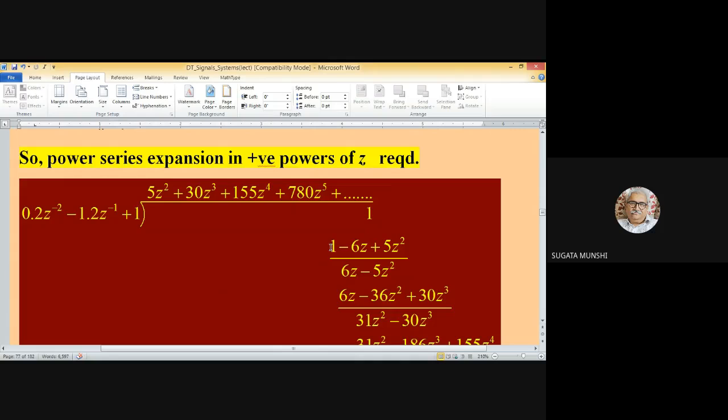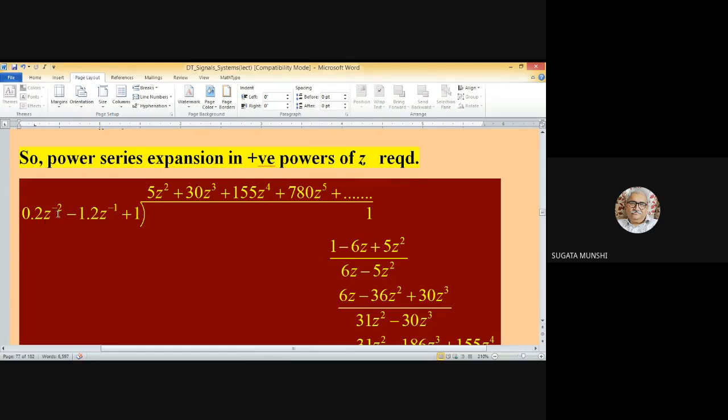You have 1 here, so if you subtract, what will be the other terms? 5z square times minus 1.2 z to the power minus 1 will yield minus 6z. 5z square times 1 will yield 5z square. So if you subtract it from 1, you will get 6z minus 5z square.